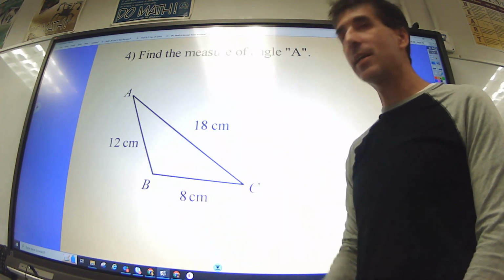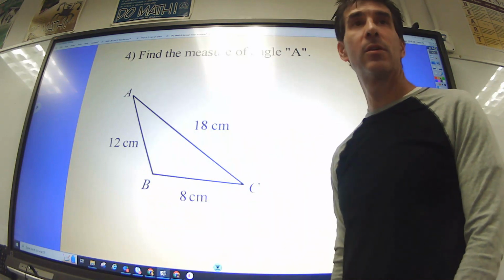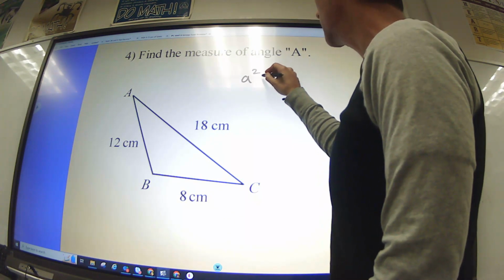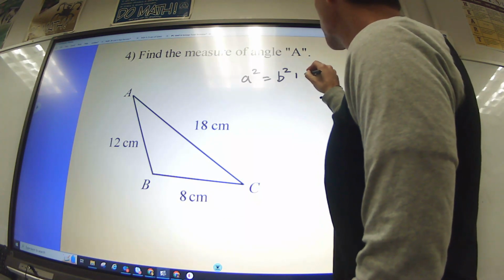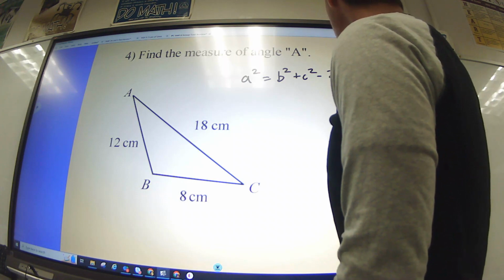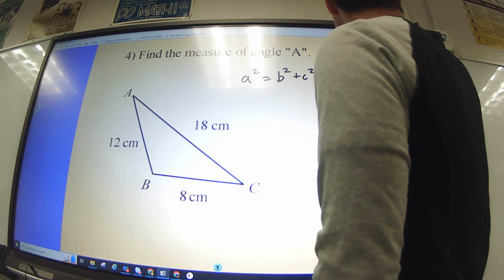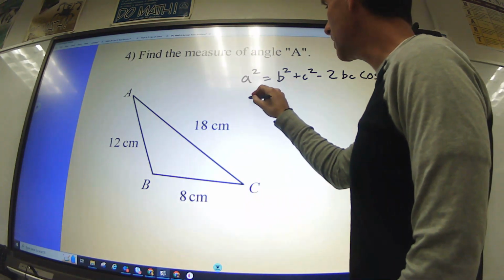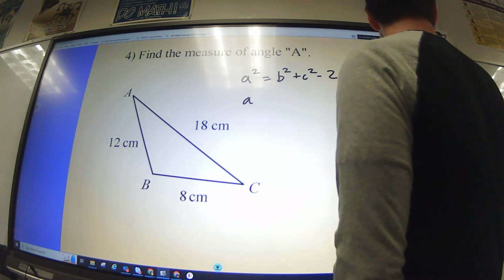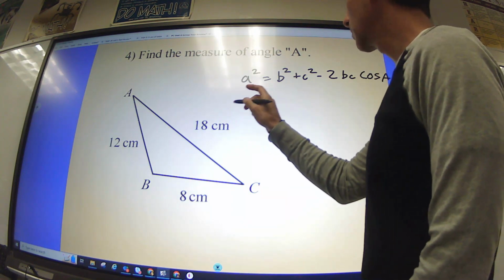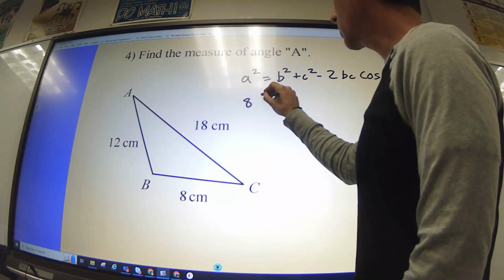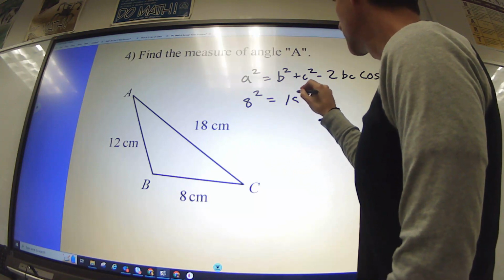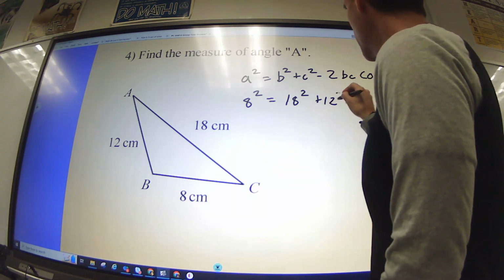Okay, find the dot product. So another thing we got to do is figure out the dot product. All right, multiplying vectors.